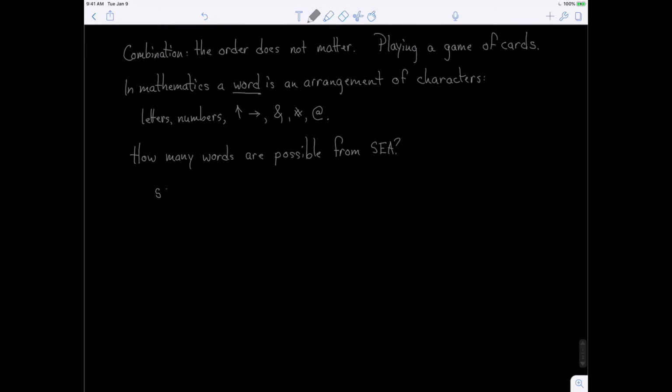For example, I could write that's one, S-E-A. Then maybe I could change the E and the A, so it'd be S-A-E. And then maybe we could start with the E. So let's start with the E now. So I start with the E, then I could write E-S-A, and I could write E-A-S. Or I could start with the A, and I could write A-S-E or A-E-S. And I think that's it, and it looks like we have 6 different words.